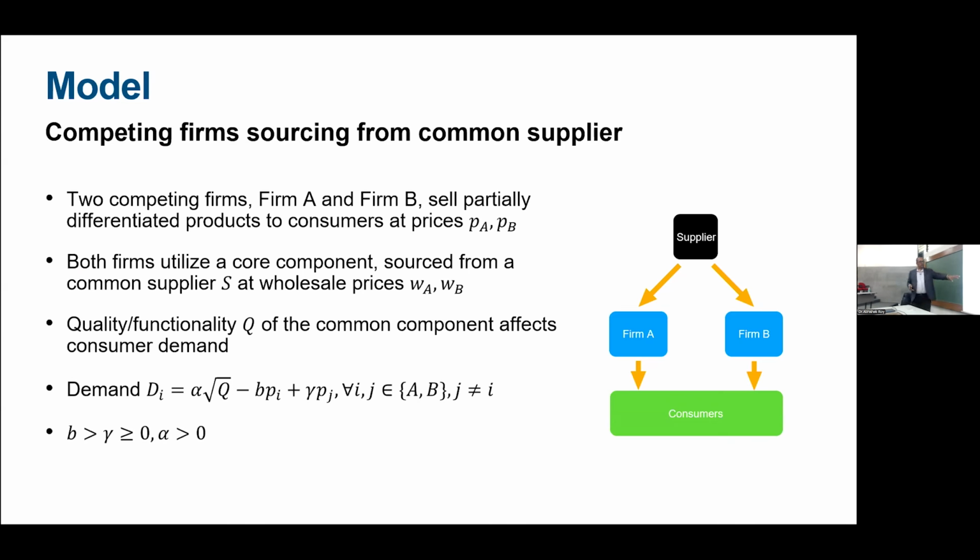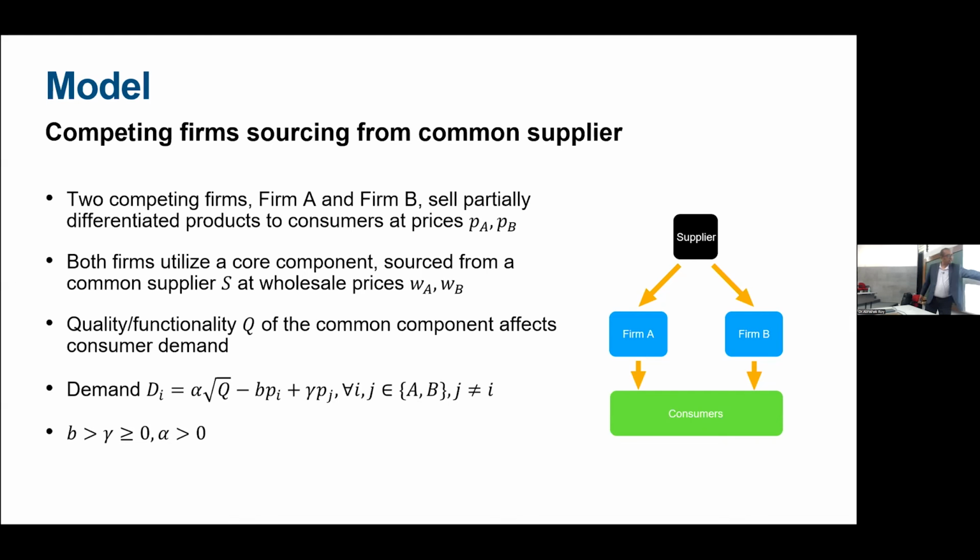The demand function for consumers for any of the products, firm A's product or firm B's product, as you can see here, is a modified Bertrand competition. Why is that? How much I want to buy firm A's product depends on whether firm A's price is going up or down. If firm A becomes more expensive, my demand for firm A's product goes down.